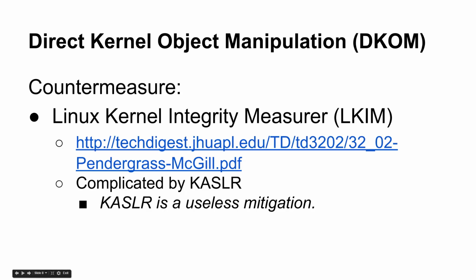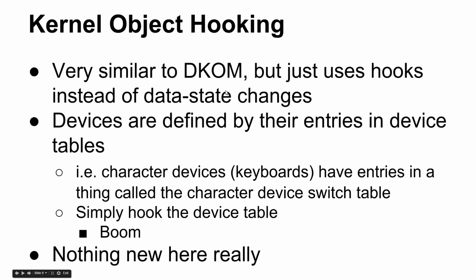So it doesn't stop this style of rootkit injection, but it does stop this style of rootkit prevention countermeasure, which is sad. It's more ineffective than effective. But that's my opinion, and I digress.